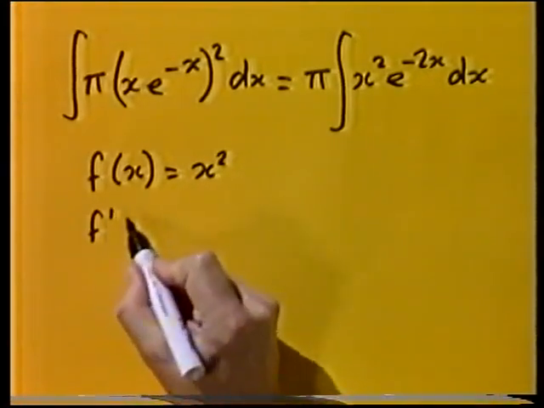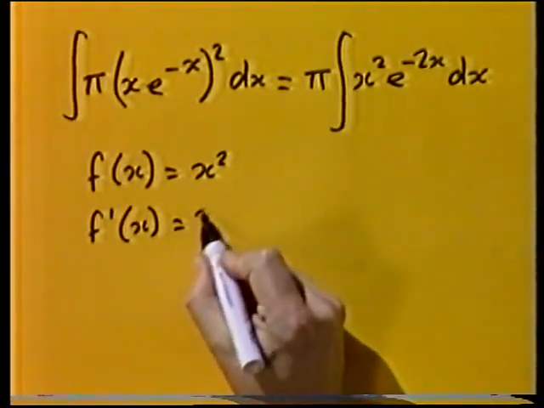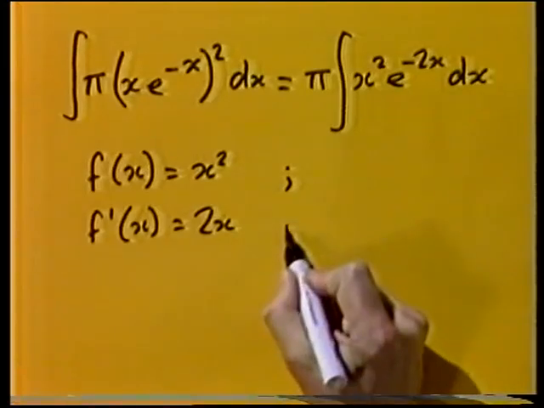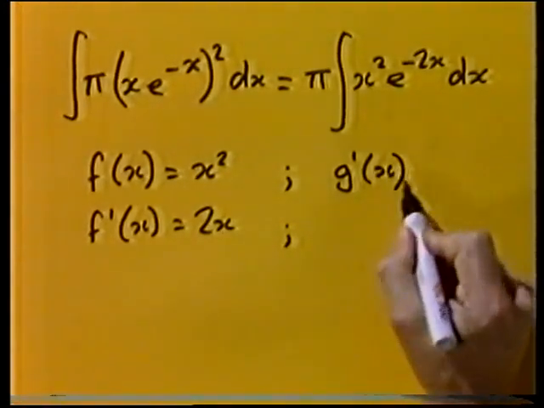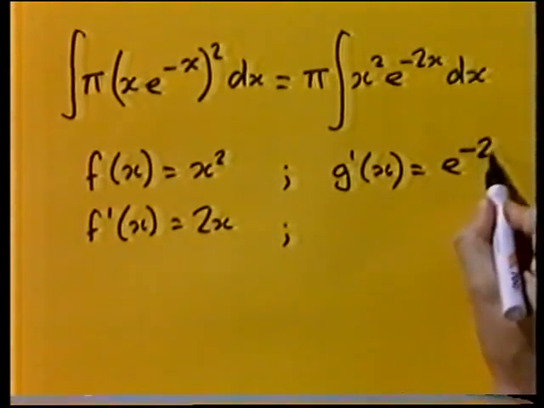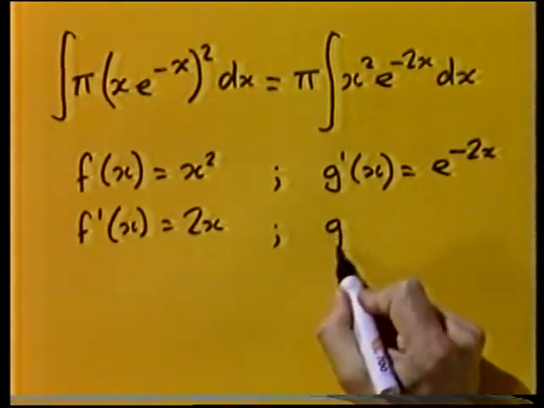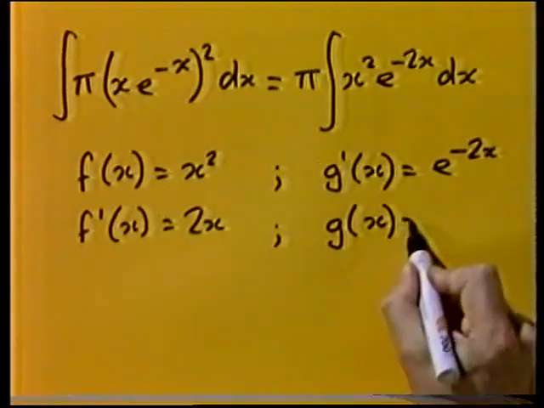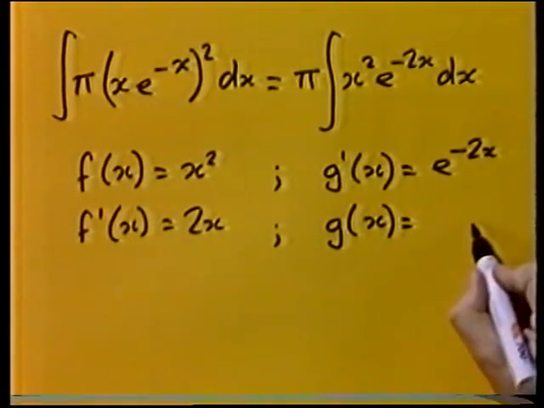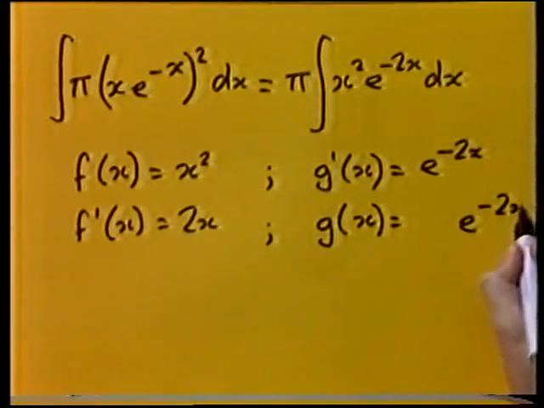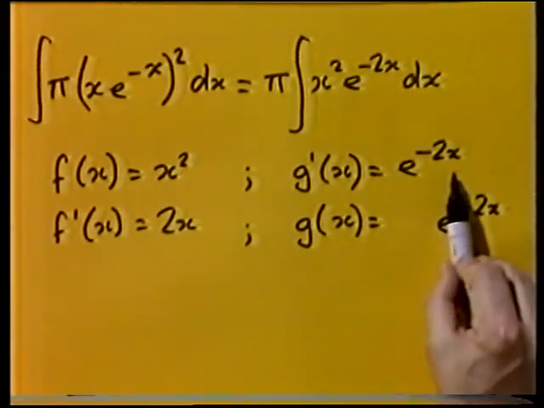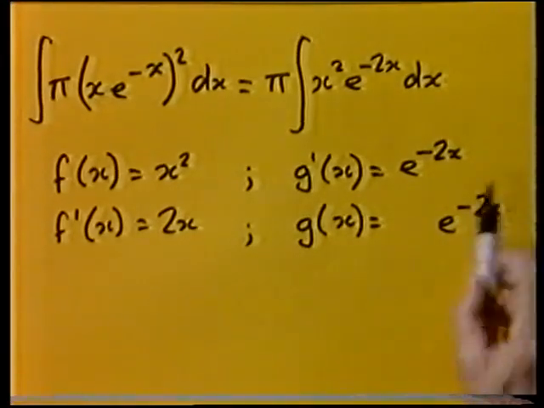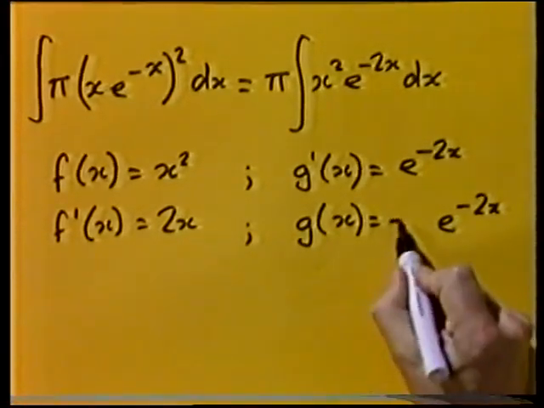F prime of x is 2x. That leaves g prime of x as e to the minus 2x. So what is g of x? Well, let's try e to the minus 2x. Differentiating that gives us the e to the minus 2x we want times minus 2. So g of x must be minus a half times this.